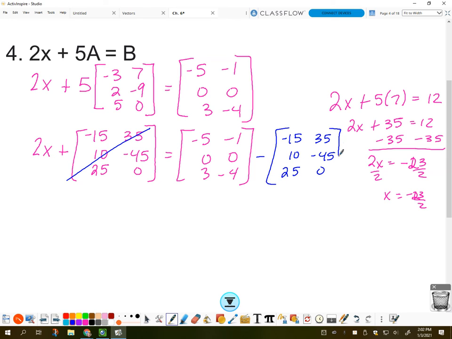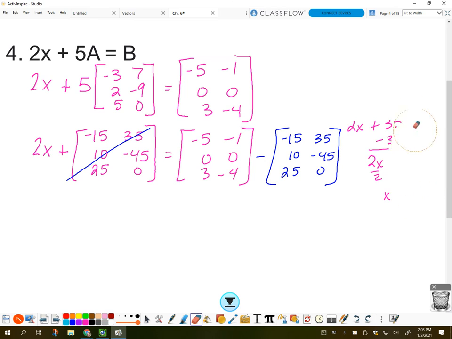And I'm subtracting it from this one. Move this out of the way so it's not confusing. To get a new matrix here. So we will have 2x is equal to, and then whatever we get here.